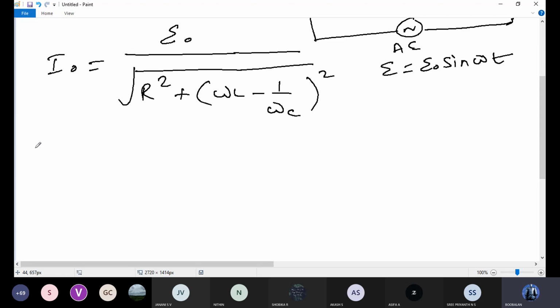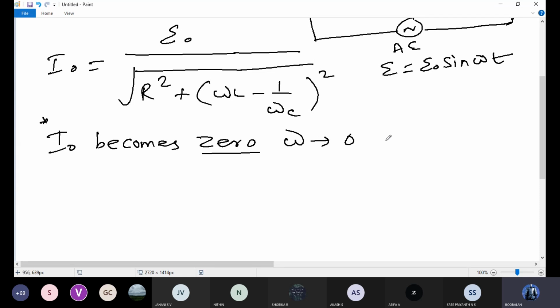So based on the condition, you can understand one thing. Please note down, I naught, the current amplitude, becomes 0 for the omega value near 0 and also 0 for the omega value up to infinity.